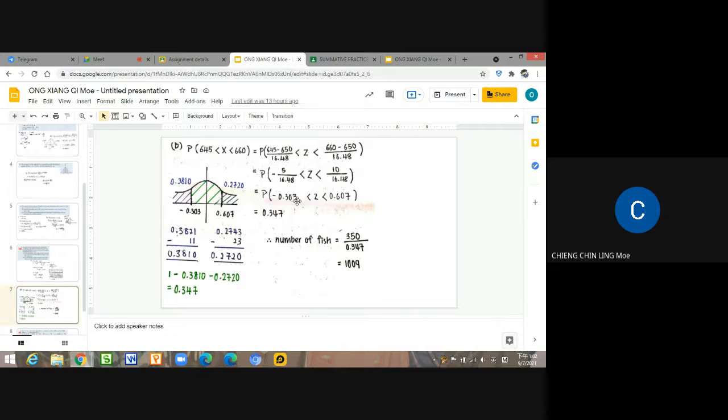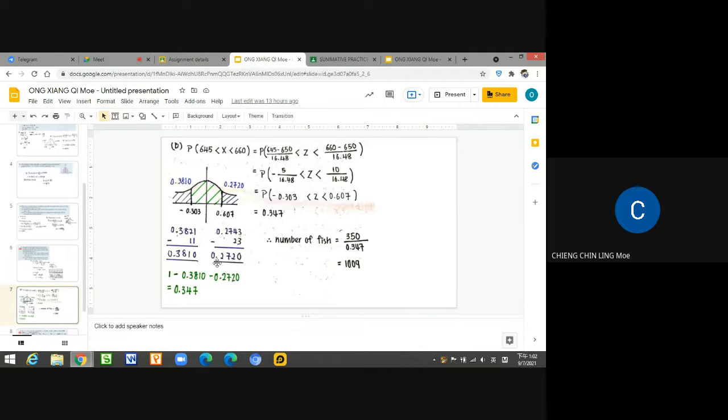The graph of the standard normal distribution is constructed, and the probability of the continuous random variable Z can be obtained by finding the area under the curve between the two Z values. The probability of Z smaller than -0.303 and greater than 0.607 can be determined by using the standard normal distribution table, which gives 0.3810 and 0.2720.